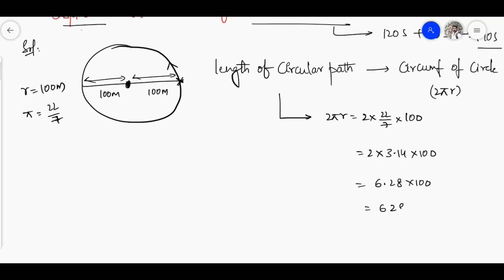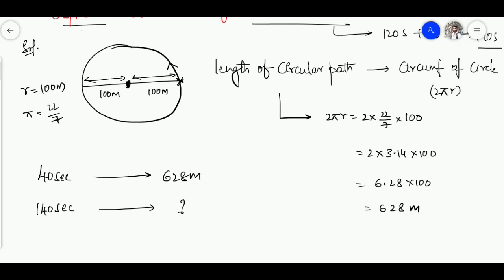That gives you 628 meters. So this is the length of the circular path. So let's see. In 40 seconds, he is running a 628 meter path. In 140 seconds, how much distance will he cover? This is what we need to find, right?